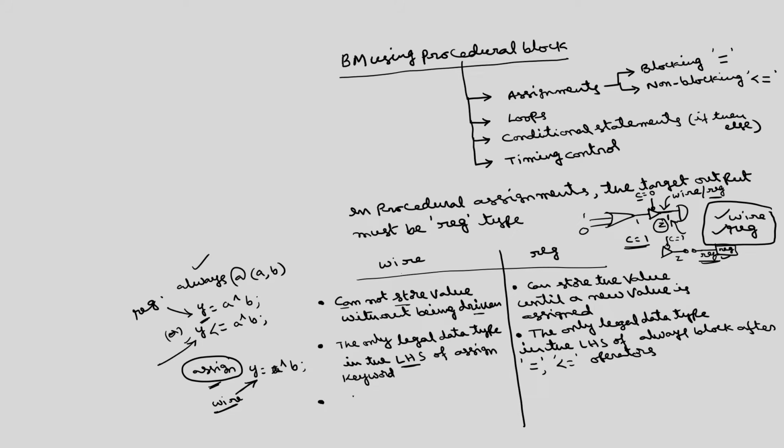So, wire is normally used for modeling combinational circuits, whereas register can be used to model both combinational and sequential circuits.